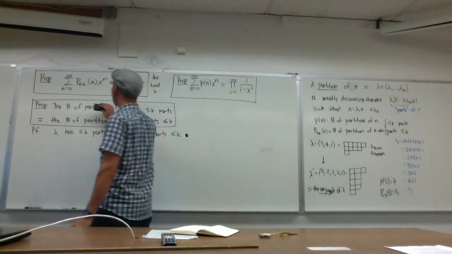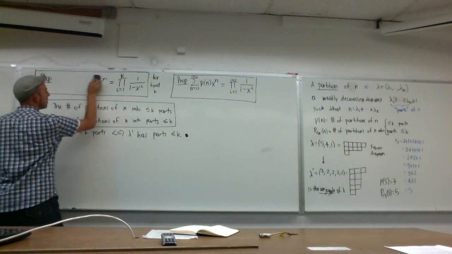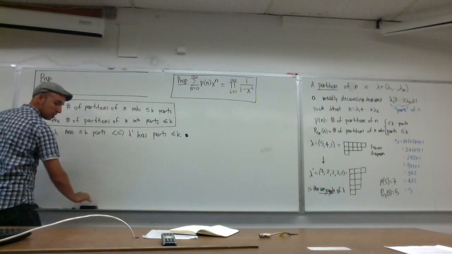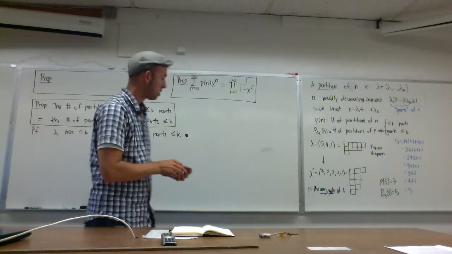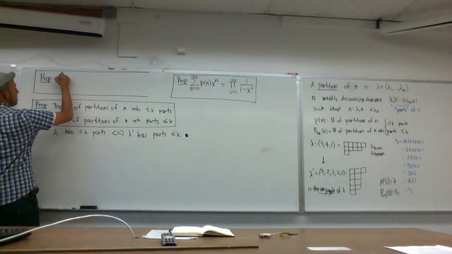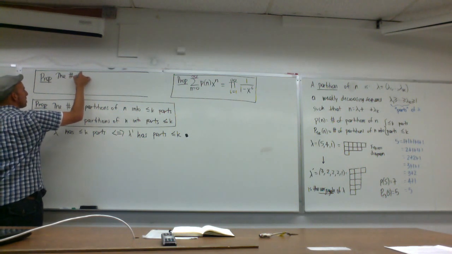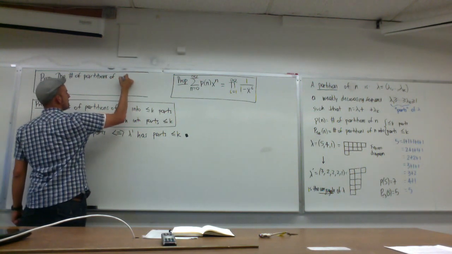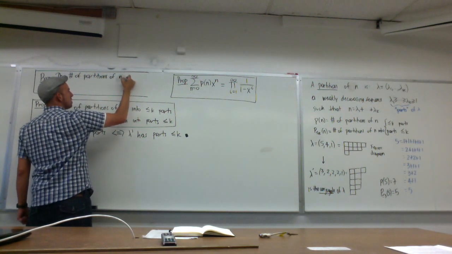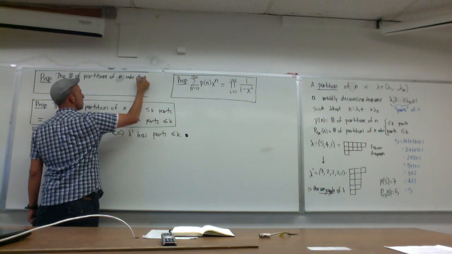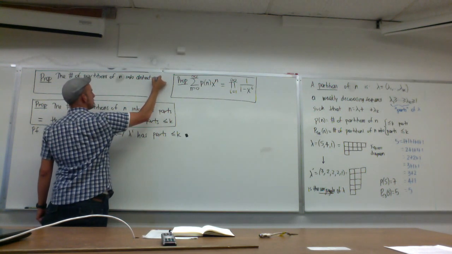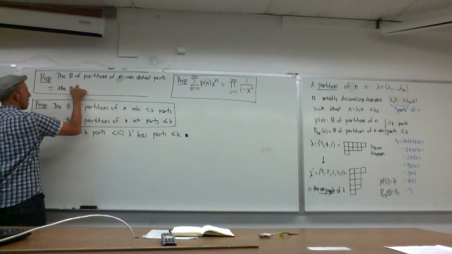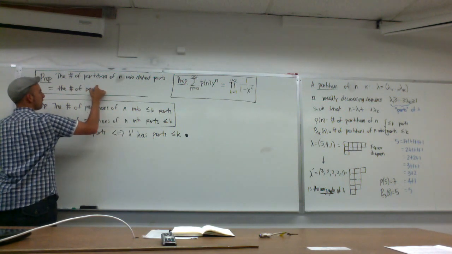So let me prove a similar, maybe more mysterious statement, which is that the number of partitions of n into distinct parts is equal to the number of partitions of n into, what do you think?